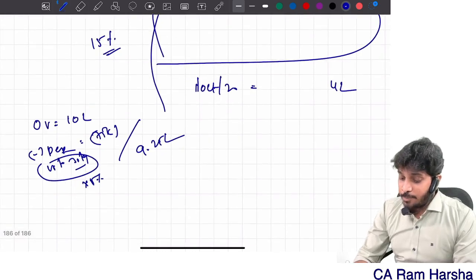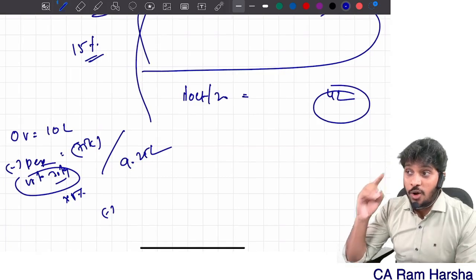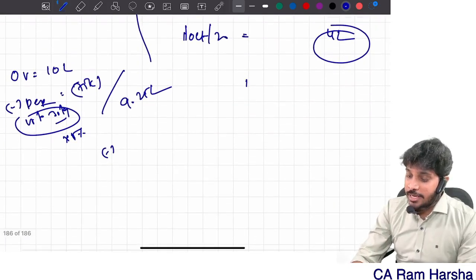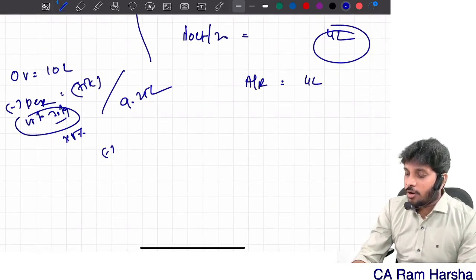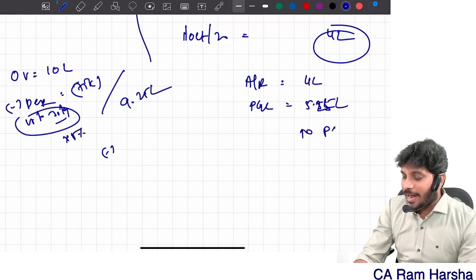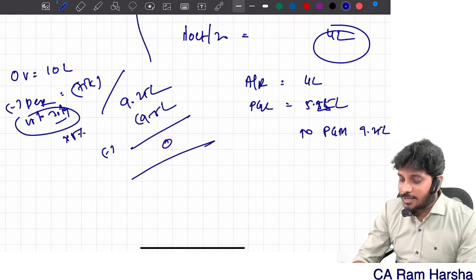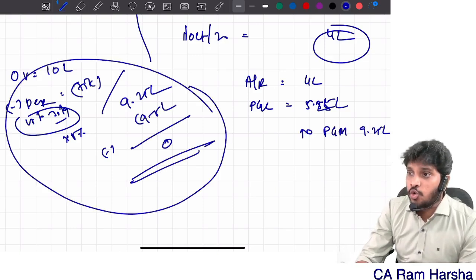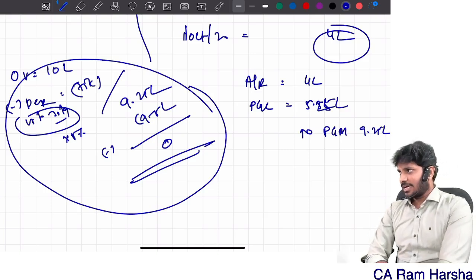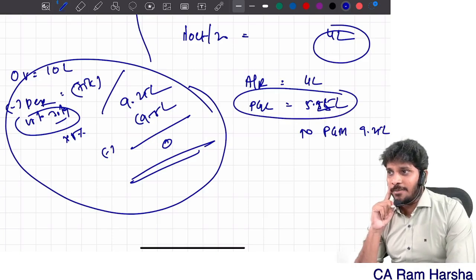Now this 9.25 lakh asset is sold for what price? 4 lakh. How will I write the accounting entry? Amount received is equal to 4 lakh. Yes or no? P&L account 5.25 lakh, to plant and machinery account 9.25 lakh. Correct? So here 9.25 will go, and naturally that asset ledger account will close. The loss, whatever is there, we will transfer to P&L.